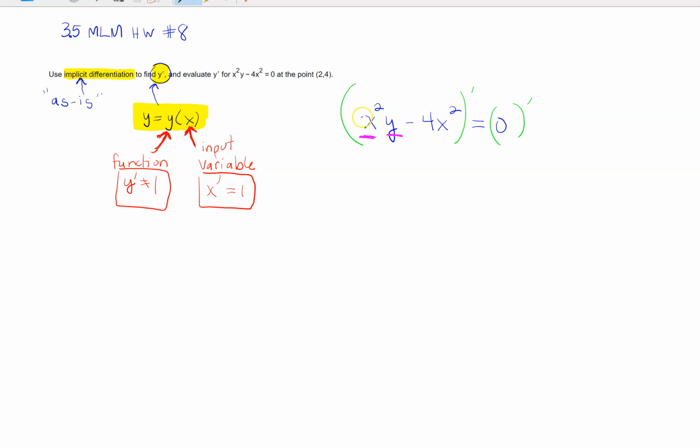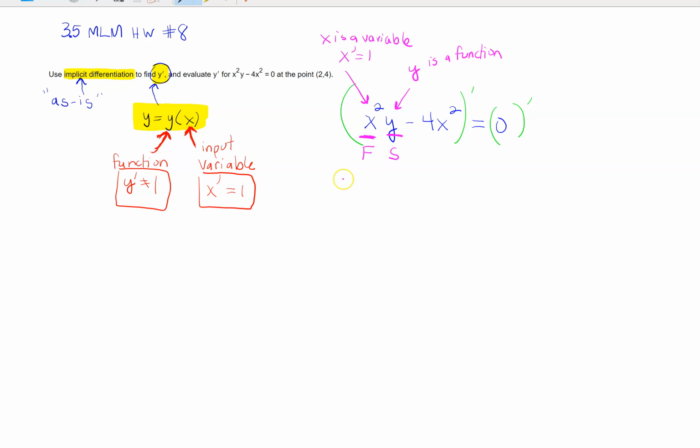The letter x is acting like a variable, so when I take the derivative of x, it's just 1. But y is acting as a function. And they're side by side multiplying, which means we need product rule.